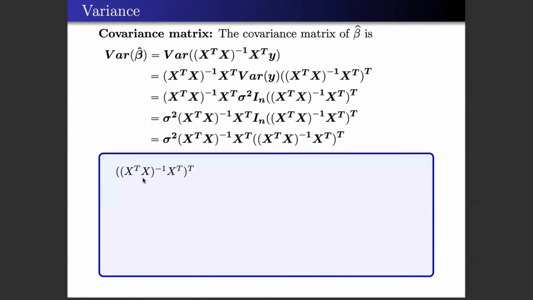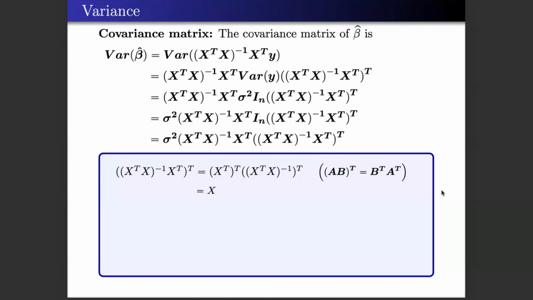We have ((X transpose X)inverse X transpose) whole transpose. Here we have the transpose of a matrix (X transpose X)inverse and X transpose. So we use a property of transpose, that (AB) whole transpose is equal to B transpose A transpose, and using this property we have X transpose transpose multiplied with the transpose of (X transpose X)inverse.